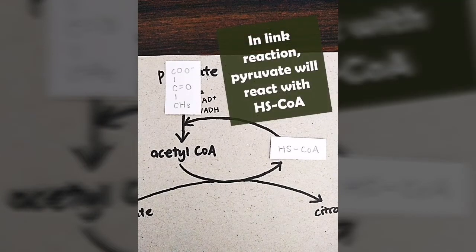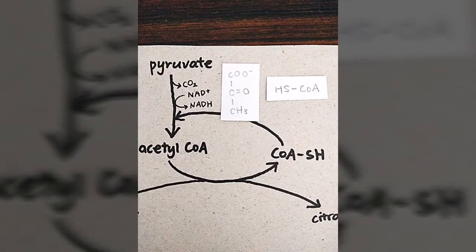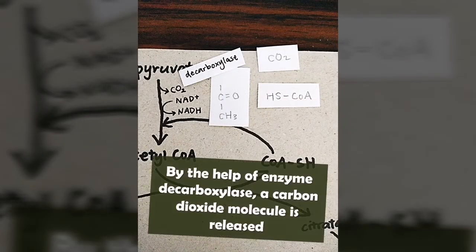In the link reaction, pyruvate will react with coenzyme A. With the help of the enzyme decarboxylase, a carbon dioxide molecule is released.